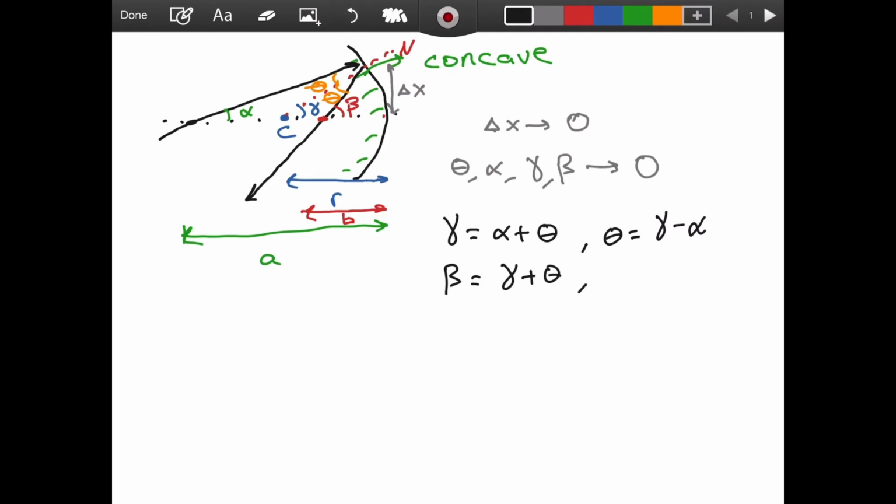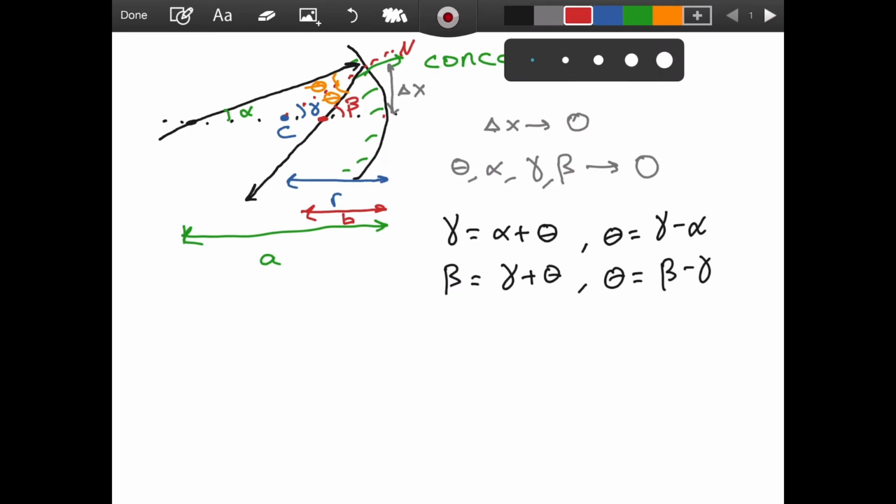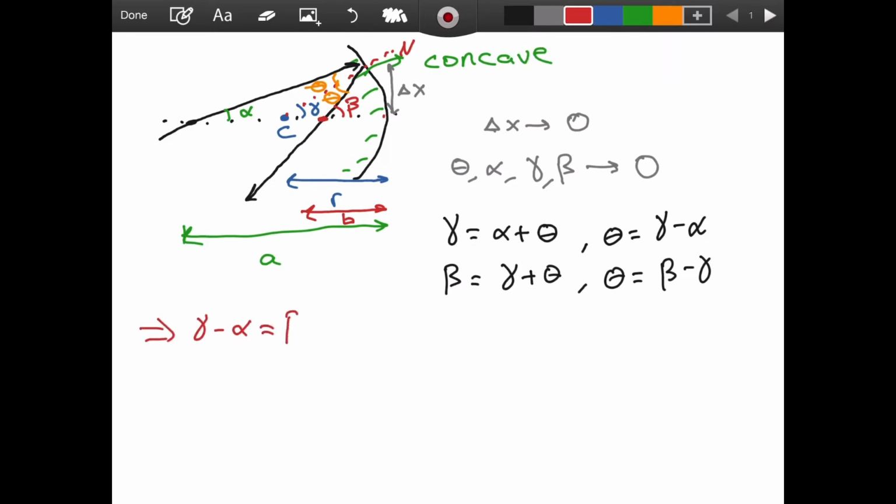Let's see what happens. And now we have theta. From the second equation, it is beta minus gamma. Alright? And of course, this theta and this theta, well, they are equal. They are the same theta. They are the same angle, which means, let's write it with red, gamma minus alpha is equal to beta minus gamma.